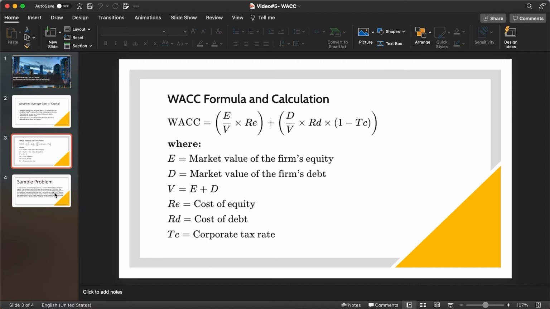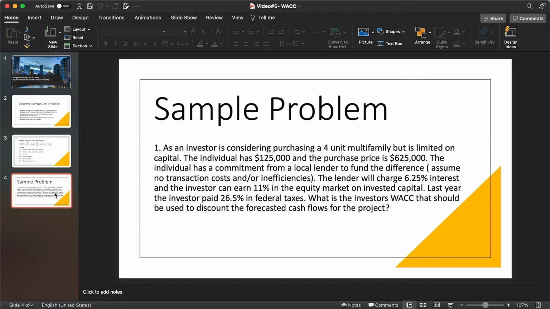Okay, so we can jump into a sample problem. An investor is considering purchasing a 4-unit multifamily project, but he's limited on capital. The individual has $125,000 and the purchase price is $625,000. The individual has a commitment from a local lender to fund the difference, assume no transaction costs or inefficiencies.